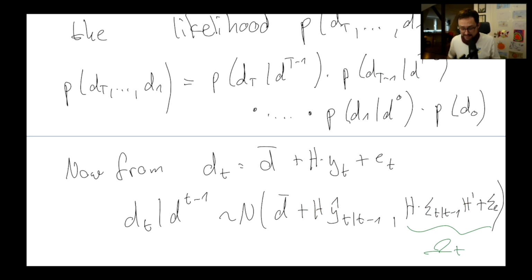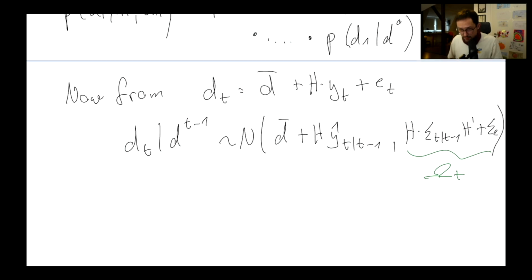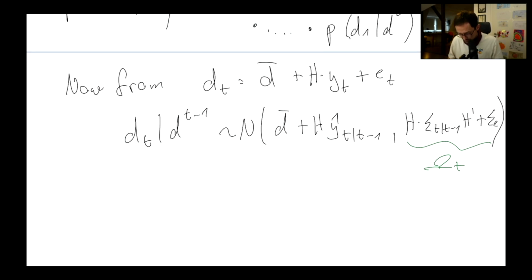As you can see, this is given by the Kalman filter and this here as well. So everything that I need to compute the distribution of each contribution right here is a byproduct of the Kalman filter. Now, because this is normally distributed, we can even write down the density function.